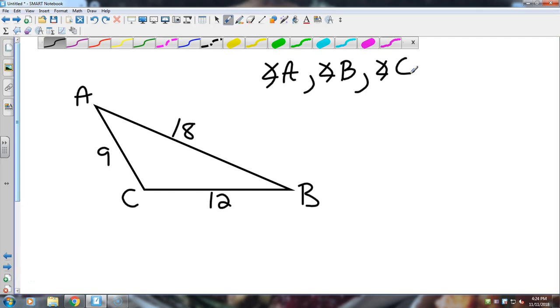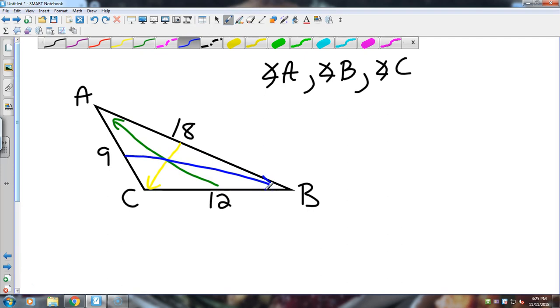Okay, so the longest side should be opposite the largest angle. The middle side should be opposite the middle angle. And the shortest side should be opposite the smallest angle.